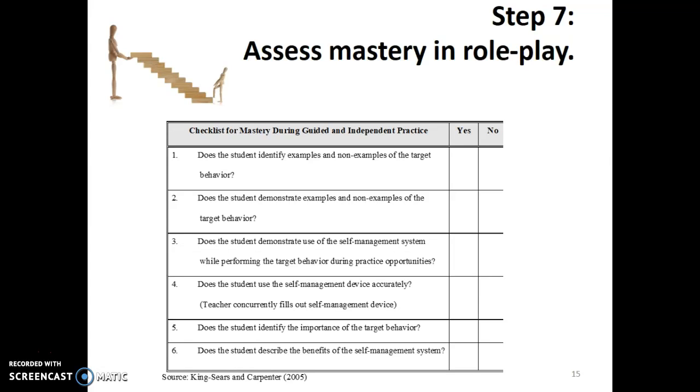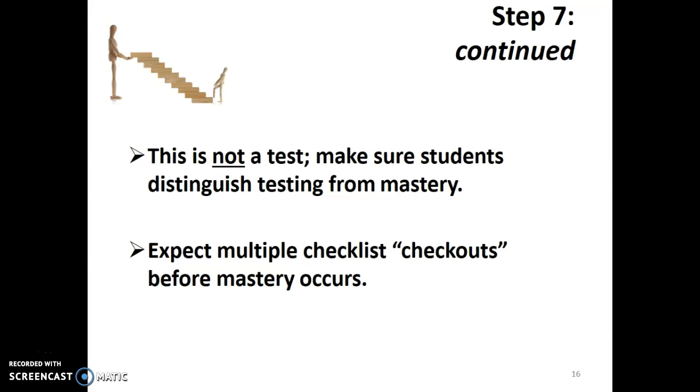So you'll want to answer yes to all of those, or you want the student to answer yes to each of these. Now, make sure students realize that this is not a test. You want students to distinguish testing from mastery and expect multiple checklist checkouts before mastery occurs.